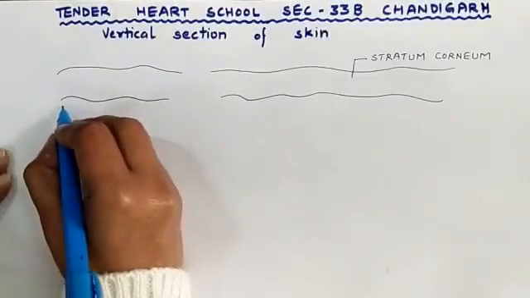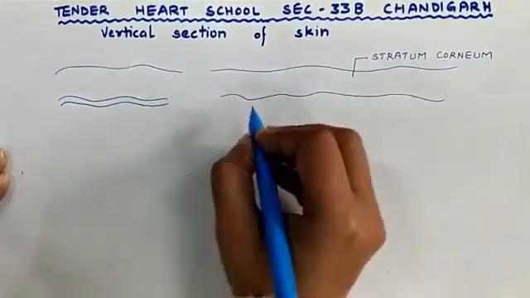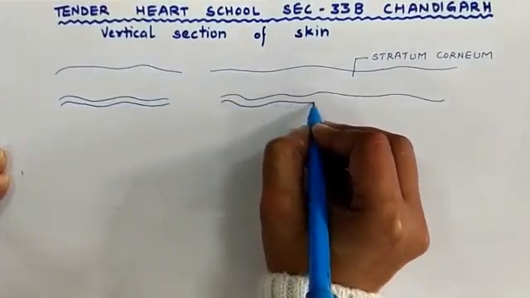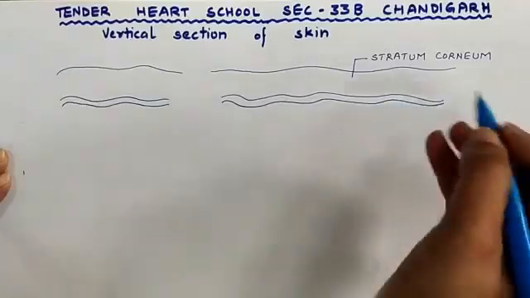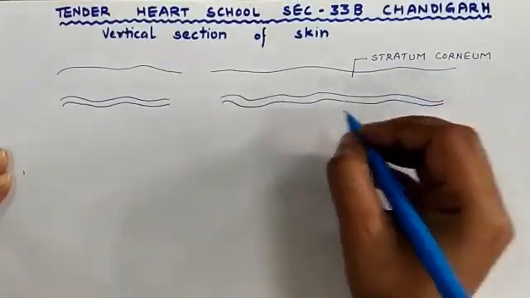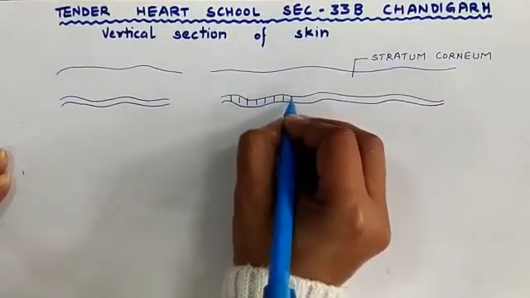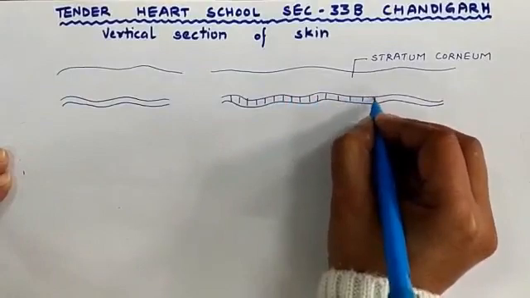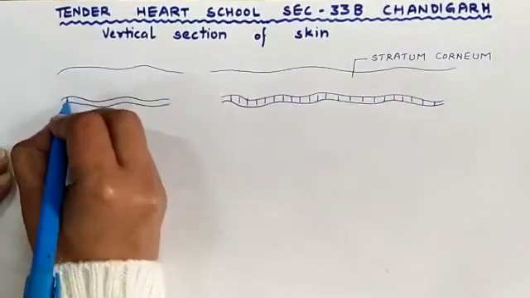Inner to the stratum corneum we have a thin layer which is called the granular layer. So this is under the stratum corneum, and this layer of skin is called granular layer. It is the middle layer of epidermis.